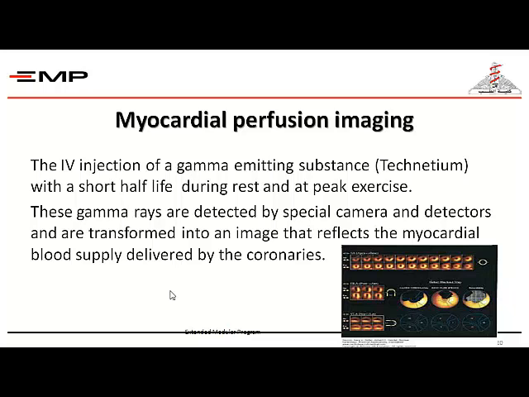In the bottom right, this is an image during rest and exercise. The top row is during exercise or stress, and the bottom row is during rest. As you see, there is a defect in the anterior segment, which goes with LAD ischemia.